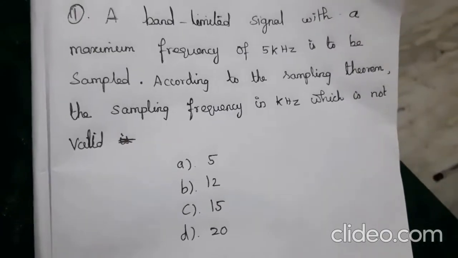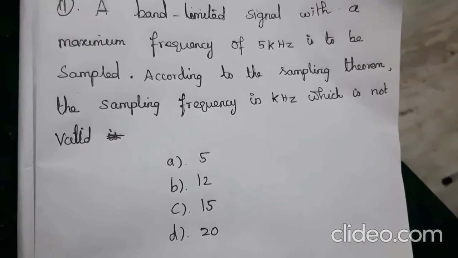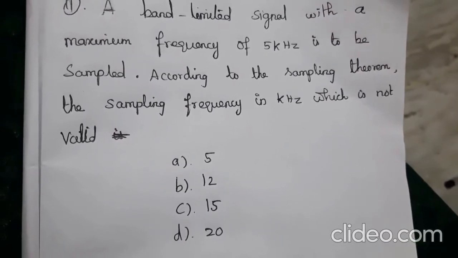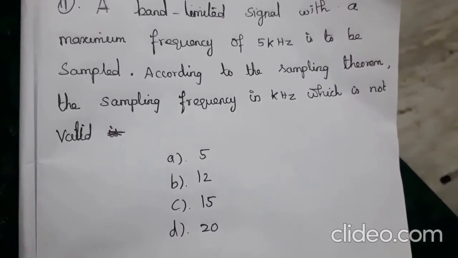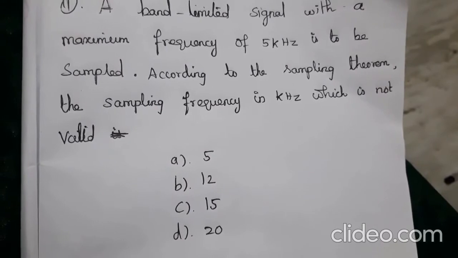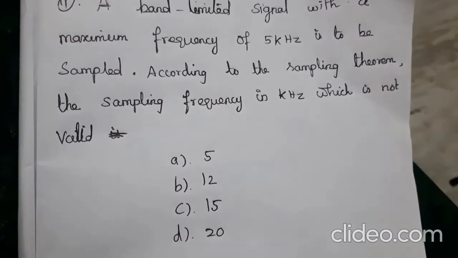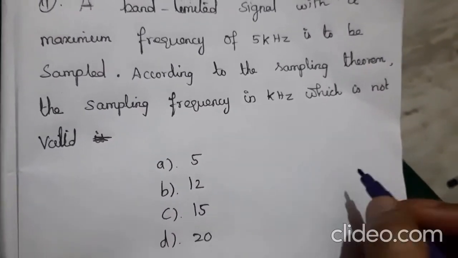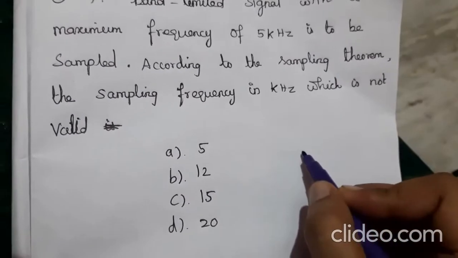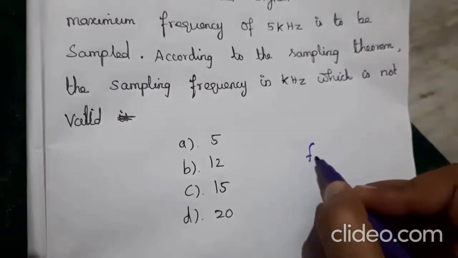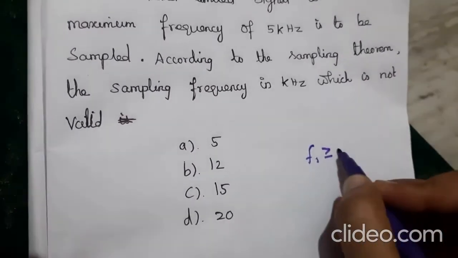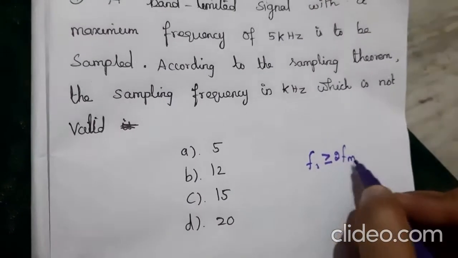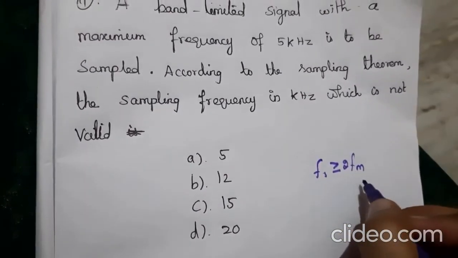First question: a band limited signal with a maximum frequency of 5 kHz is to be sampled. According to the sampling theorem, which sampling frequency in kilohertz is not valid? According to the sampling theorem, the sampling frequency must be greater than or equal to twice the maximum frequency of the signal.